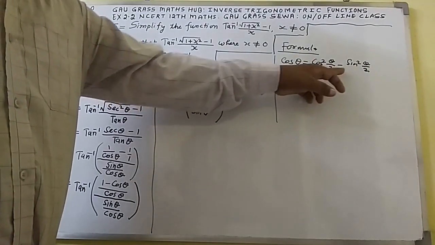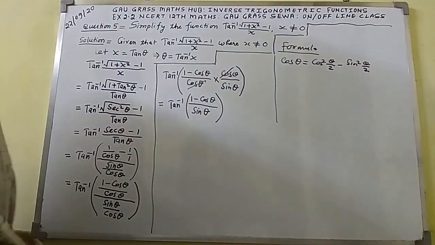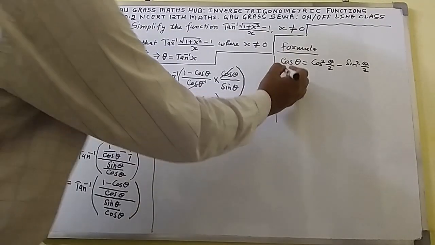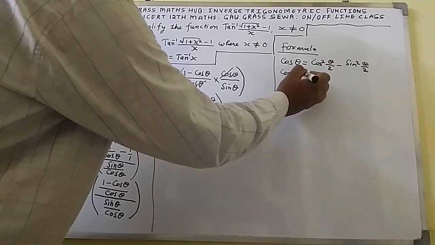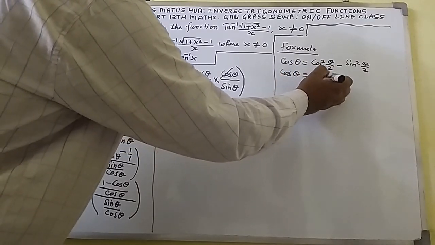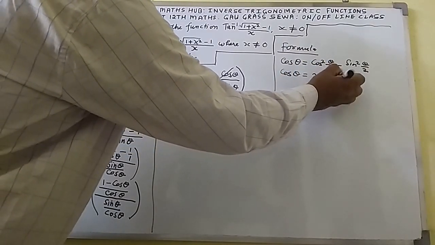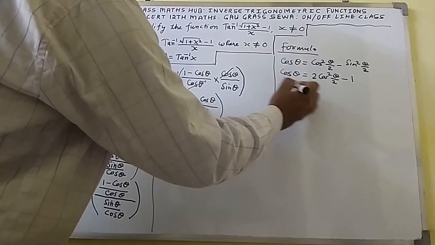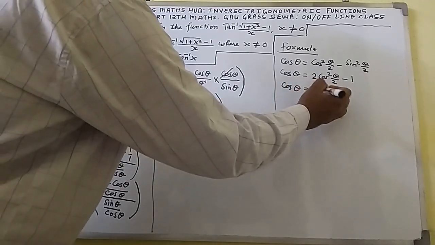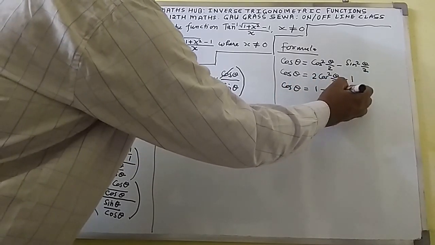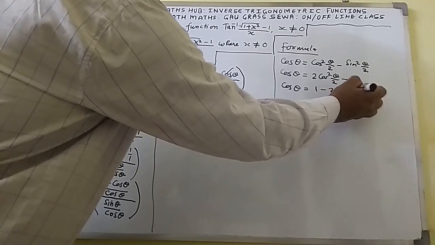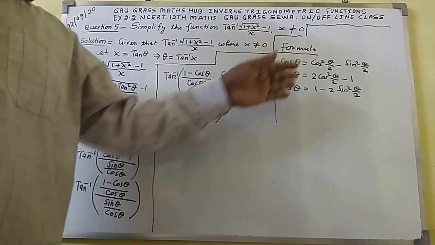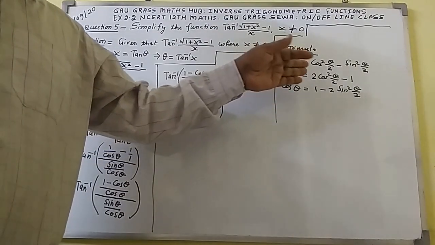And now it will become cos theta equal to 2 cos square theta by 2 minus 1. Again it will become cos theta equal to 1 minus 2 sin square theta by 2. So these are the formulas which are known as half angle formulas.